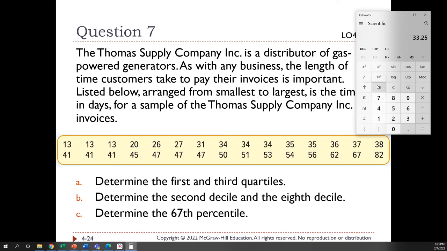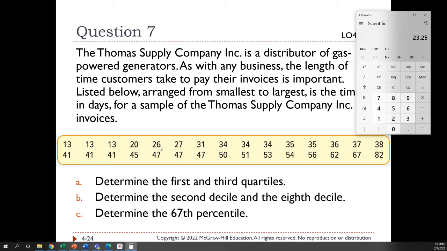I'm sure this is going to happen again. So, again, we have 75 divided by 100. That's 0.75. And we're going to multiply by 31. So that's 23.25. So we've got to find the 23rd number.